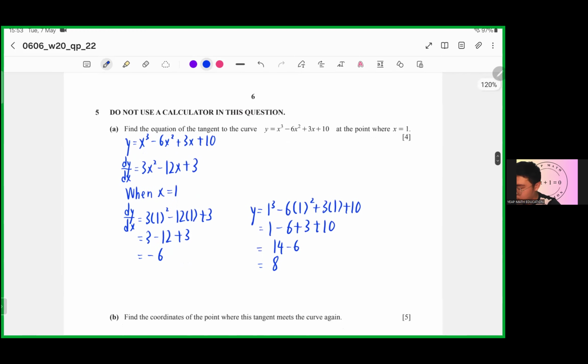Now we can do the tangent: y minus y1 equals m times (x minus x1). So y minus 8 equals negative 6 times (x minus 1). So y equals negative 6x plus 6 plus 8, so I will get y equals negative 6x plus 14.